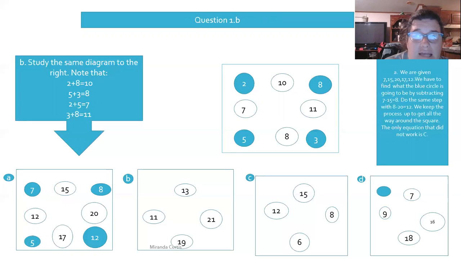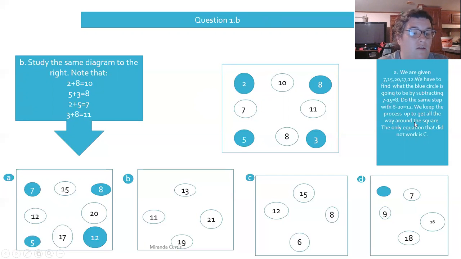And then we do the same, and we'll go top to bottom. But 7 plus 8 also equals 15. So you have to go both ways, and it has to do the same or it won't work. Okay, 8 plus 12 equals 20. 20 minus 8 is 12. So we keep the process up to get the rest of the square.